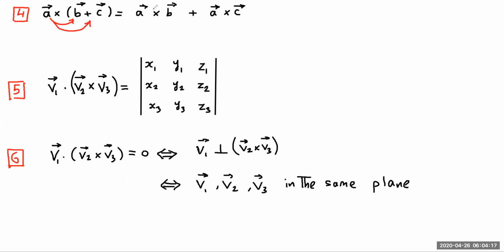So I can write A cross B plus A cross C. Property number 5, for any three vectors v1, v2, v3, the vector v1 dot product the vector v2 cross v3, I will write the vector v1 in the first row of the determinant, then vector v2 in the second row, vector v3 in the third row. And the answer is a real number, L, for example, a real number.